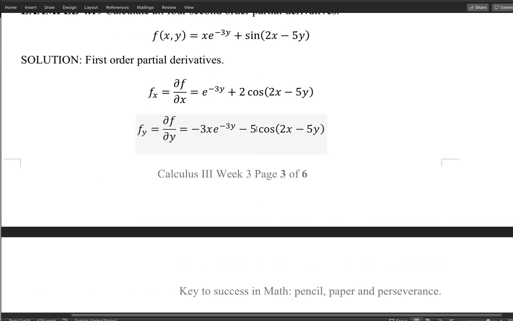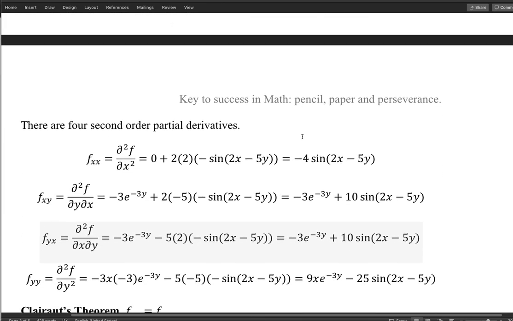In the second term, negative 5 stays, the derivative of cosine turns into negative sine, and with respect to y there's another negative 5 coming out. That is what I got for fyy. For the first part, negative 3 times negative 3 gives plus. For the second term, we have three minus signs, so it is still minus. This is what I got for fyy.